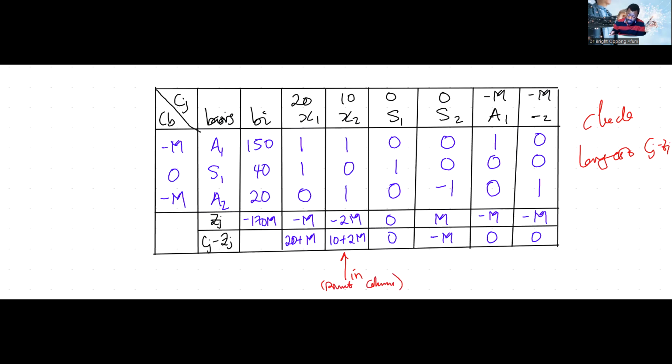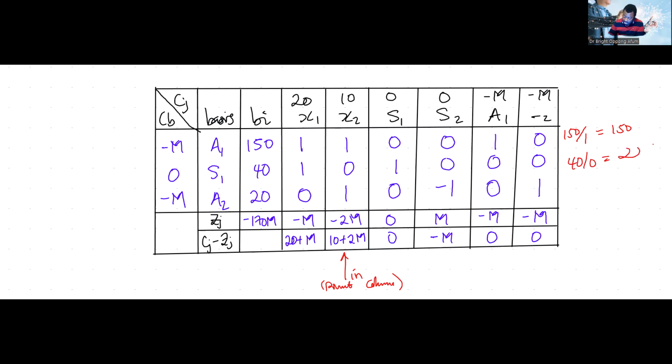So we have to look for the pivot row so that we can get the pivot number. The pivot row is obtained by dividing the bi's by the numbers in the pivot column. So 150 divided by 1 is equal to 150. 40 divided by 0 is equal to infinity.